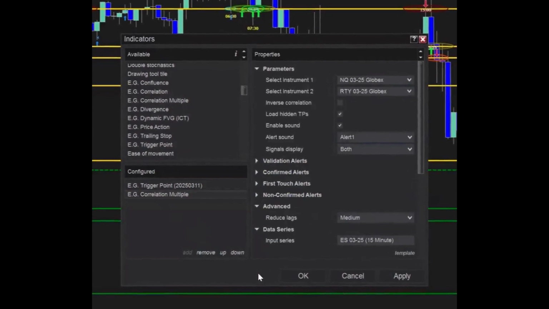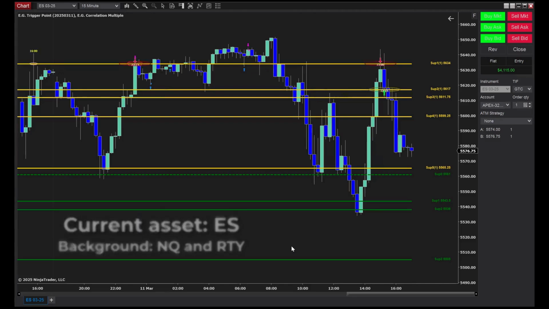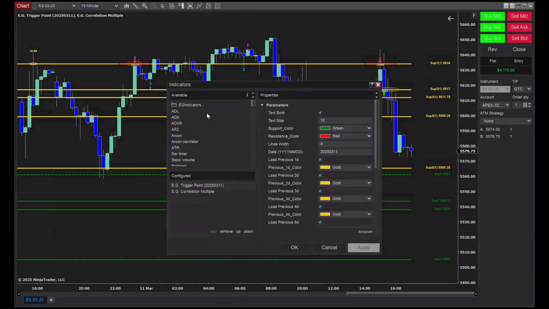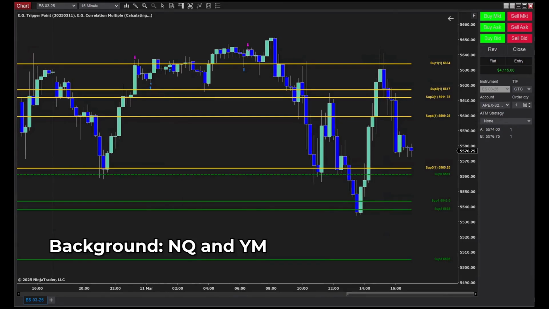For instance, NQ and RTY. So NQ and RTY are being monitored in the background to produce correlation signals for me on ES. Similarly, we can replace RTY with YM. So NQ and YM can be monitored to produce correlation signals on ES for me.